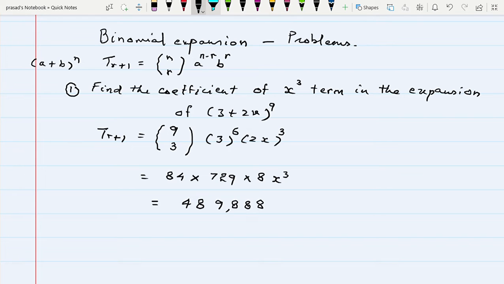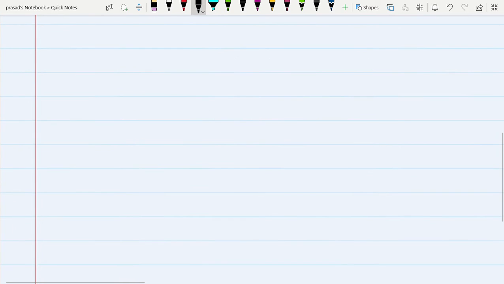So the coefficient will be 489,888. That will be the coefficient of the x cube term. Okay.